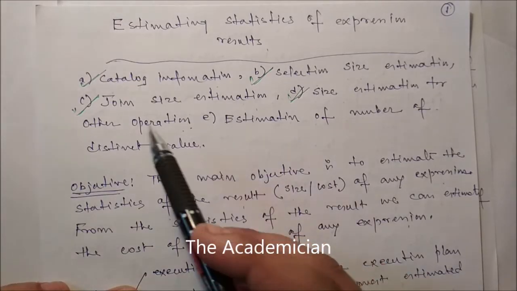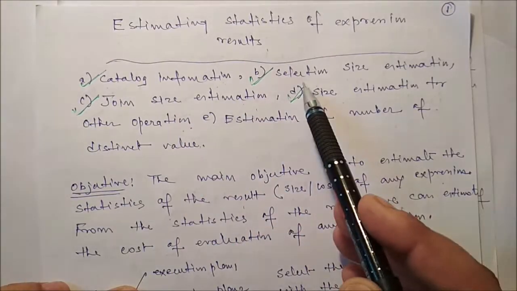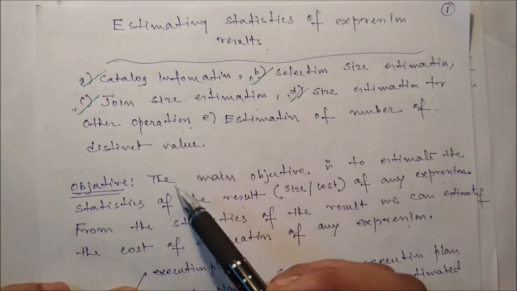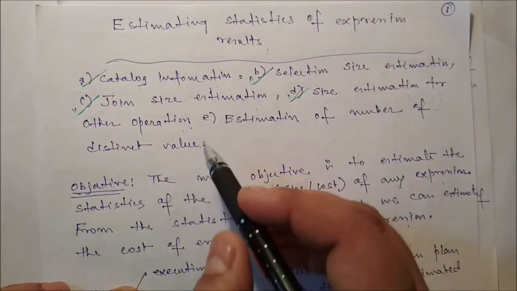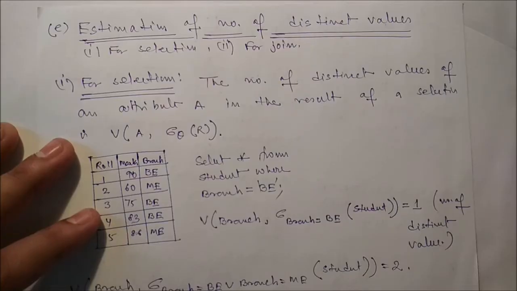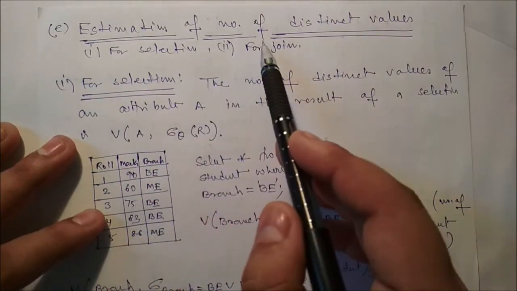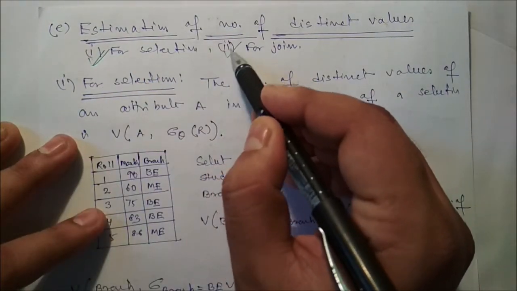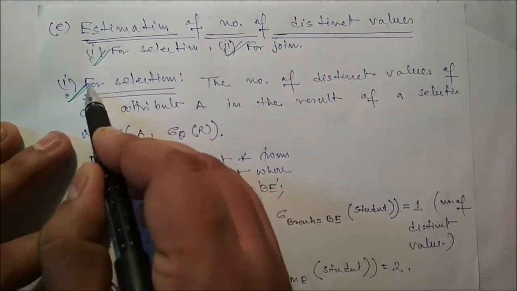Okay, so we have covered catalog information, selection size estimation, join size estimation, and size estimation for other operations. Finally, we will talk about estimation of the number of distinct values. We use it for selection as well as for join. First is for selection.